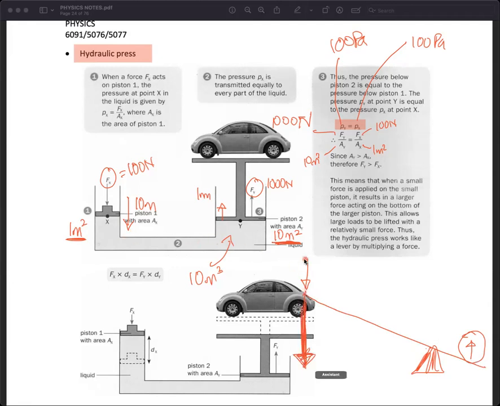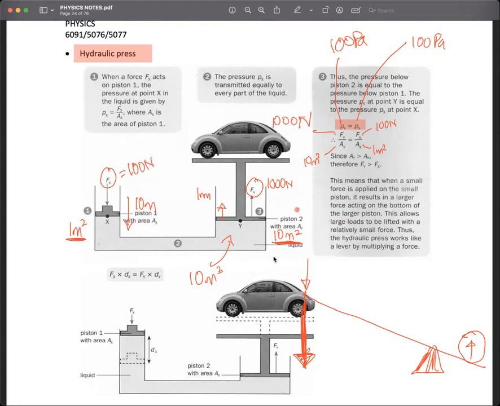Same theory. The hydraulic press is just like a lever. You need a small force, but you must push down a greater distance just to lift a greater force. Just create a greater force by moving a smaller distance. Are you clear about this?